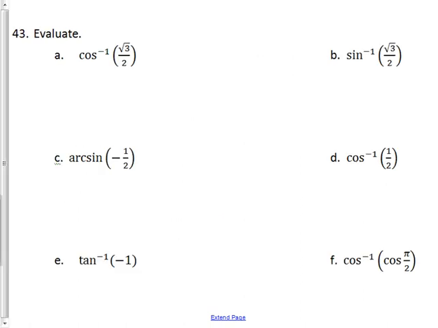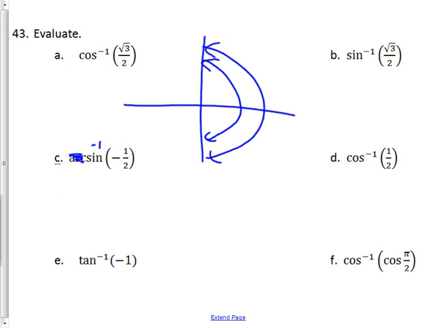Next thing, evaluate. These are all about those inverses. Do you see the inverses here, the -1, and the arc means -1? So those are all inverses. Do you remember those rules about what they can be and what they can't be? Remember this thing where sine and tangent are only allowed from here to here?